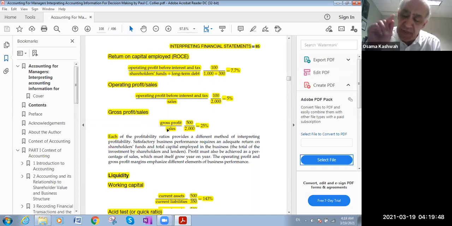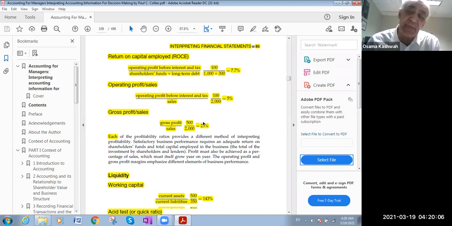So here we divide the gross profit by the sales, again with common sense. It is 25%. What is it useful for?